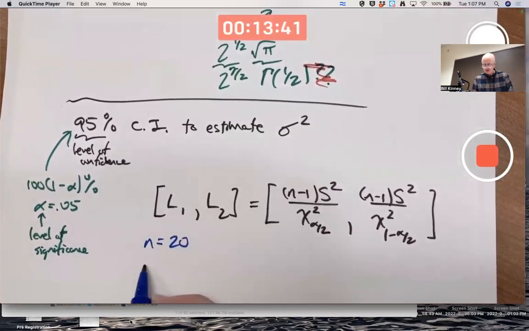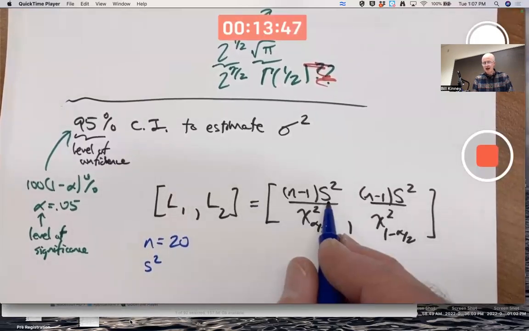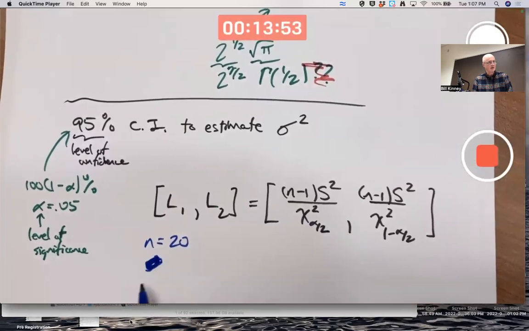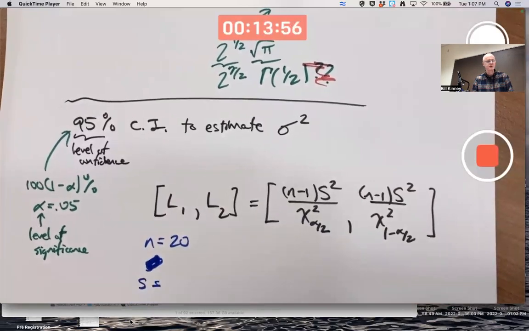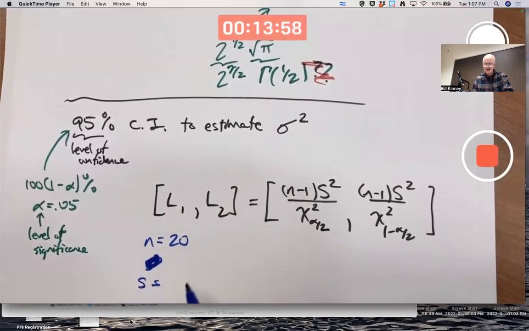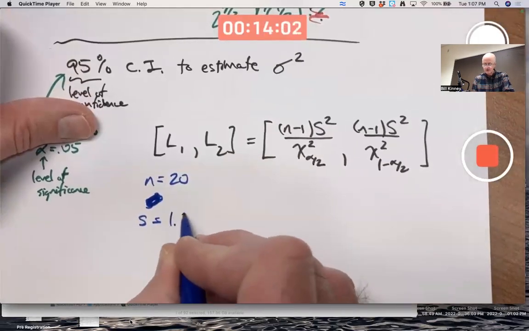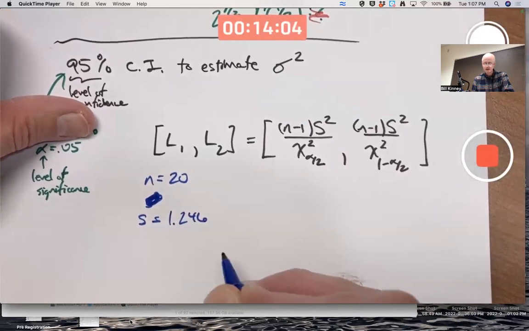You need an observed value of capital S squared, called lowercase s squared. Or more likely, from your calculator, you need a value of the sample standard deviation, lowercase s. Maybe on your calculator you compute it and, I don't know, you get 1.246.